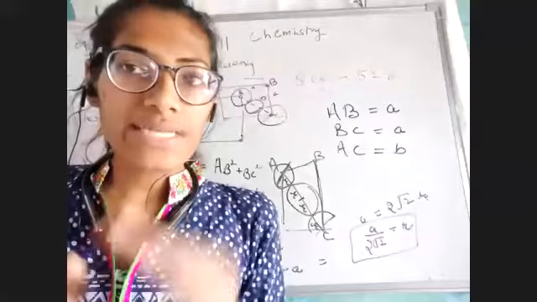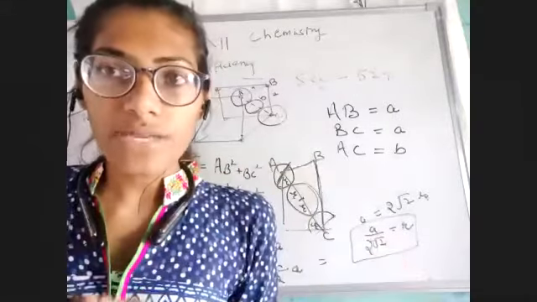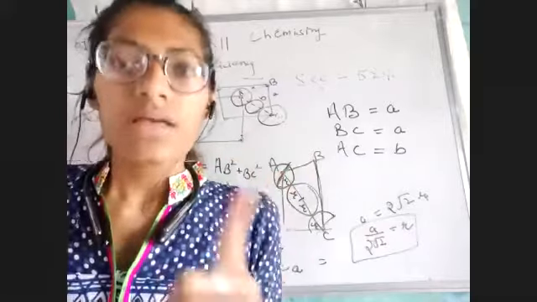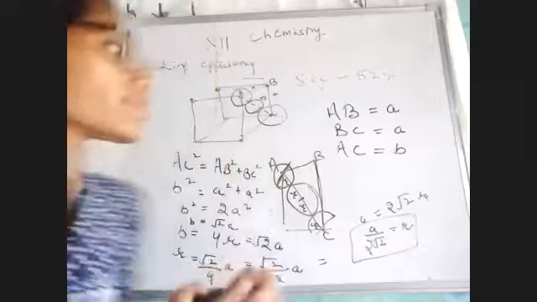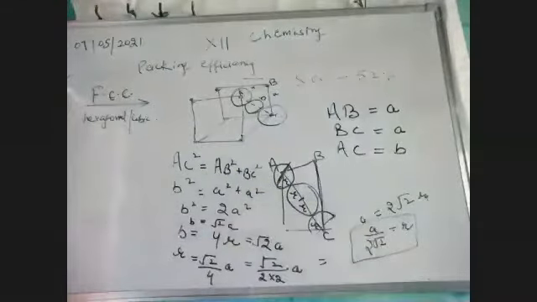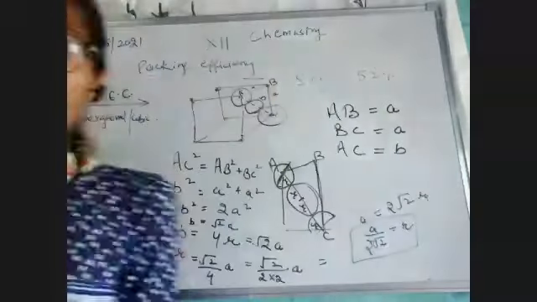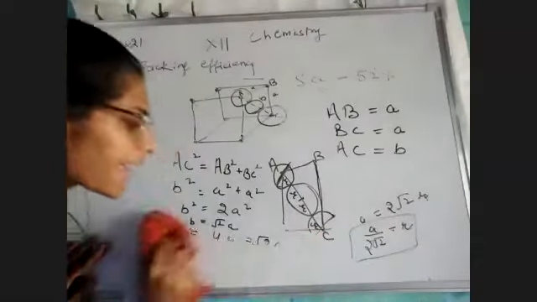So we will proceed with the same procedure as we did in the last class. We have to calculate first the volume of one sphere, and then the volume of the whole cube. Let's do this. You know very well that in our face-centered unit cell, there are a total of 4 atoms present.